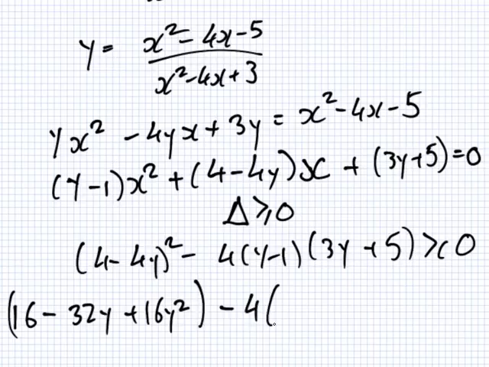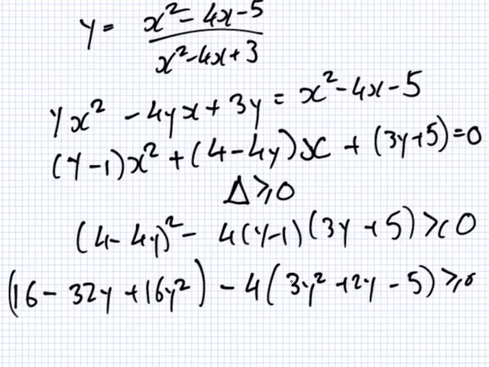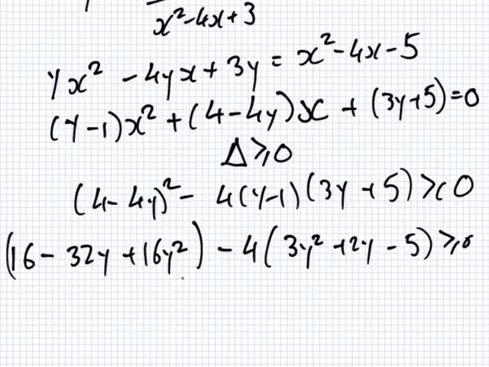Minus 4 times 3y squared plus 2y minus 5. And I multiply out those two. So, altogether now, I get 16 minus 12 is 4y squared, minus 32y minus 8y is minus 40y, 16 plus 20 is 36.